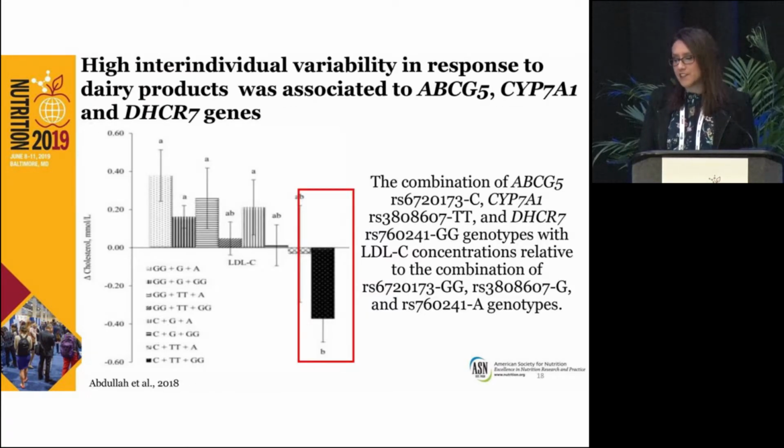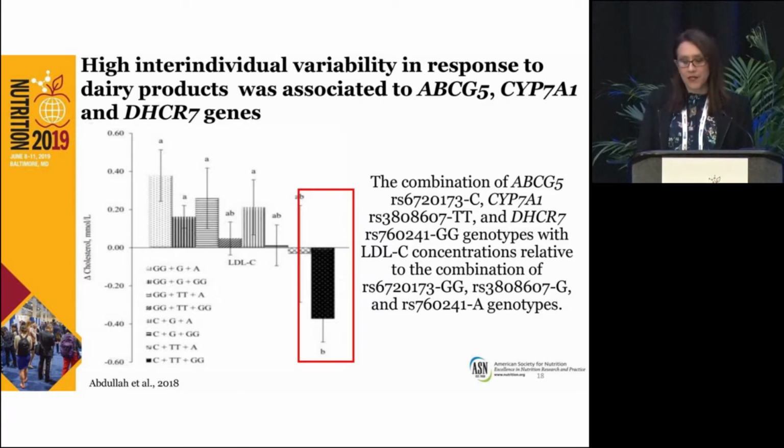These changes were actually related to the genetic profile. Only a small group with this specific pattern were the ones showing a decrease in total cholesterol. However, you have a big population that, if they were homozygous or heterozygous for other combinations, showed an increase in total cholesterol.